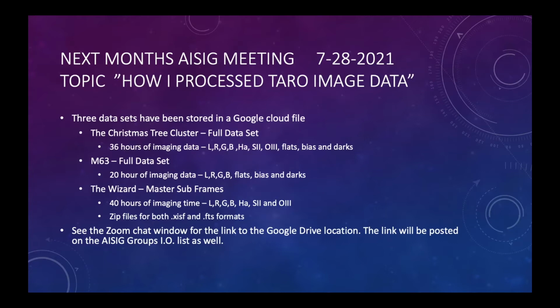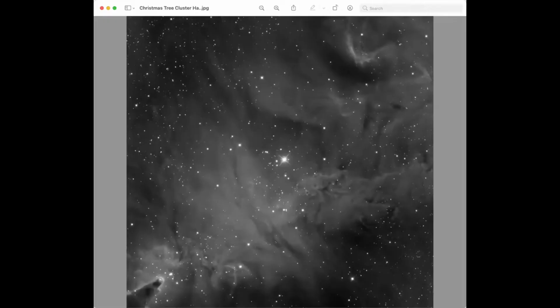If you've not seen it in the past, let me show you something here real quick. That's just the HA data for this stuff, and the HA data is absolutely remarkable. That's about 12 hours of HA data out of the 36 that are in there, so we put a lot of time into HA.